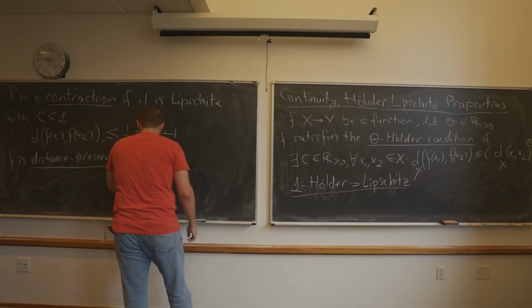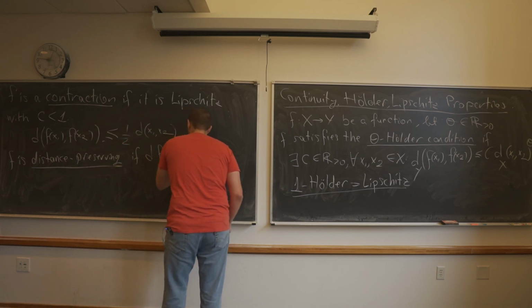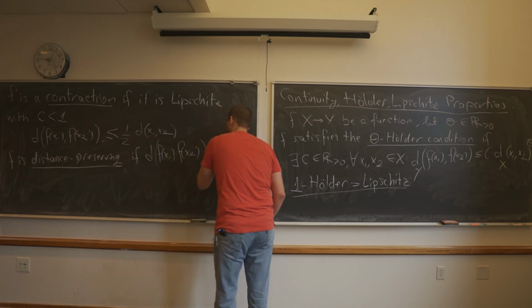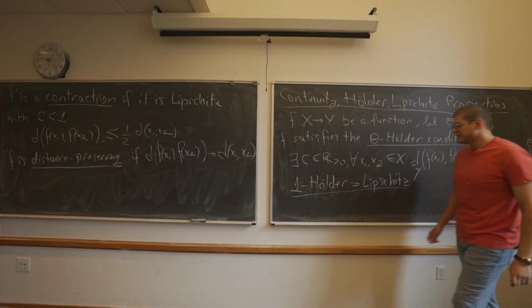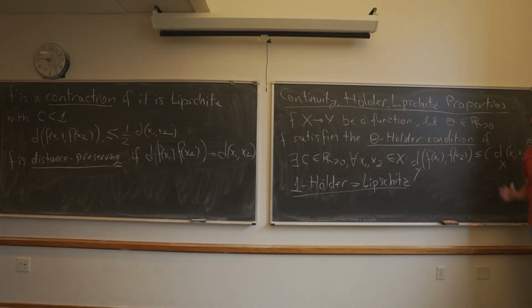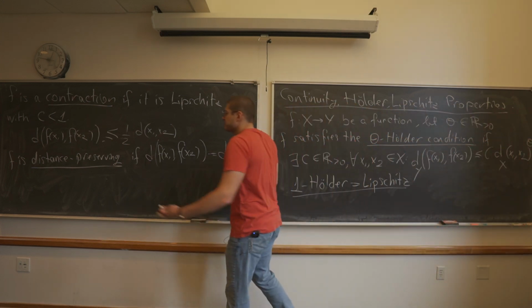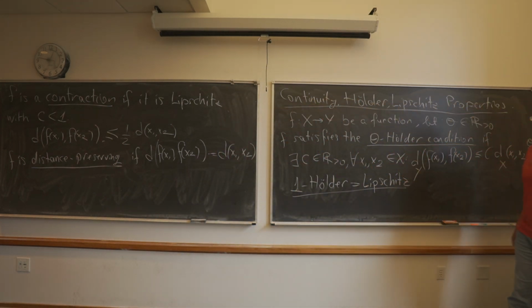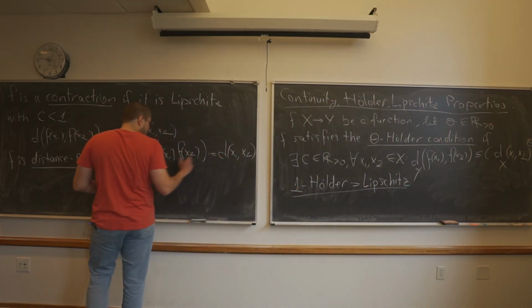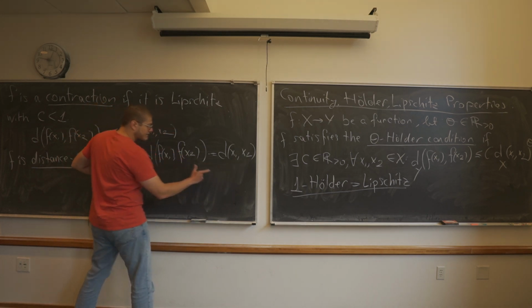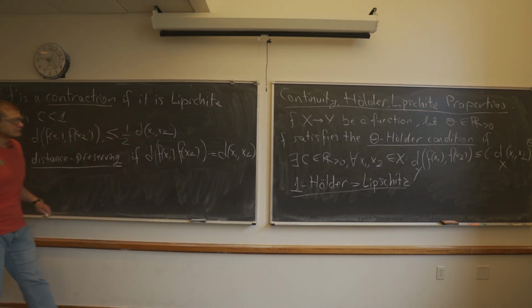And as you can see, here I wrote the subscripts x and y to represent that this is a distance of x, and this is the distance of y, but I didn't write them here because I was lazy. So at some point, you stop writing things down. But that's what is meant. I'm literally saying here that the distance between any 2 points x and y is preserved when I apply f to it. Okay? So these are some definitions.